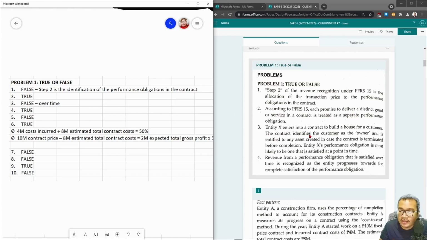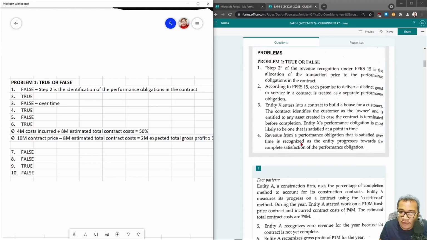Number 3, Entity X enters into contract to build a house for a customer. The contract identifies the customer as the owner and is entitled to any asset created in case the contract is terminated before completion. Ngayon, Entity X performance obligation is most likely to be one that is satisfied at a point in time. That is wrong, that is over time. Di ba? Na-explain natin yung difference between the two.